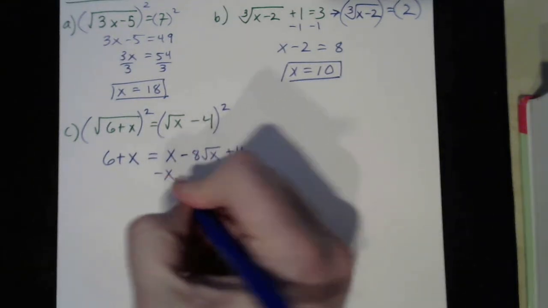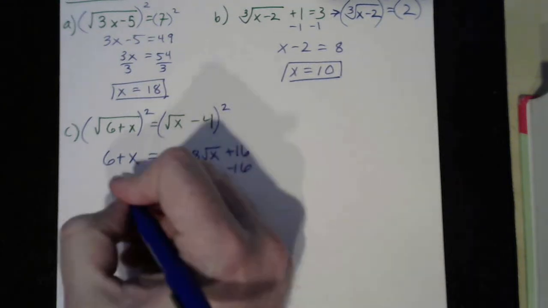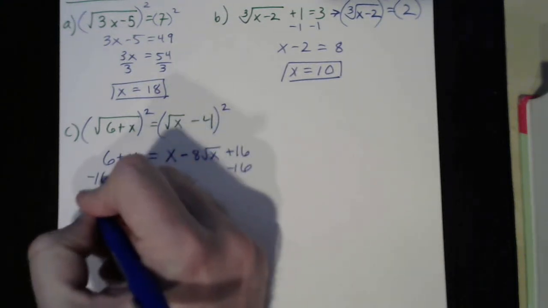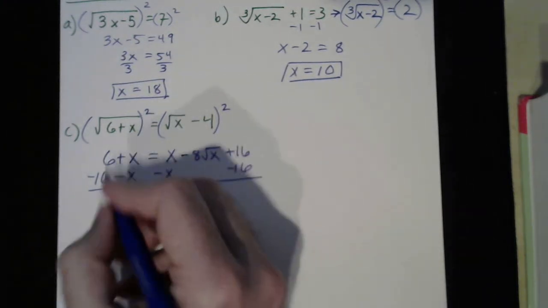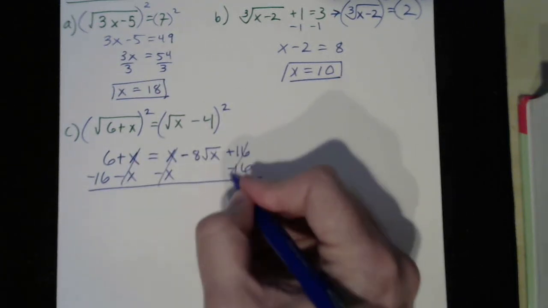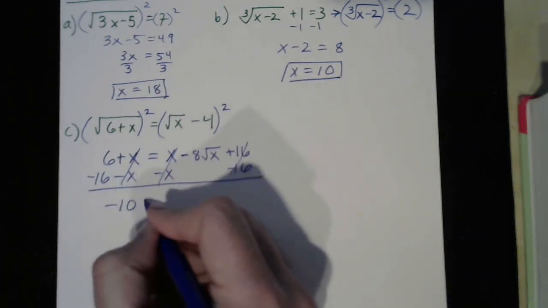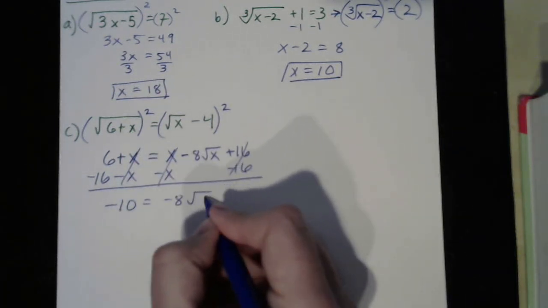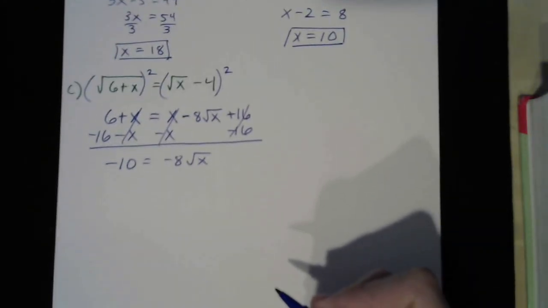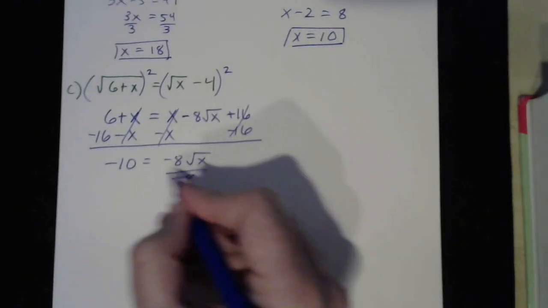And then we simplify as much as we can. We're going to minus x minus 16, minus x minus 16. And we get cancel, cancel, cancel. Negative 10 equals negative 8 square roots of x. Divide by that negative 8.